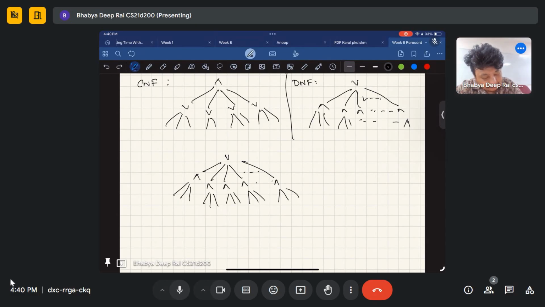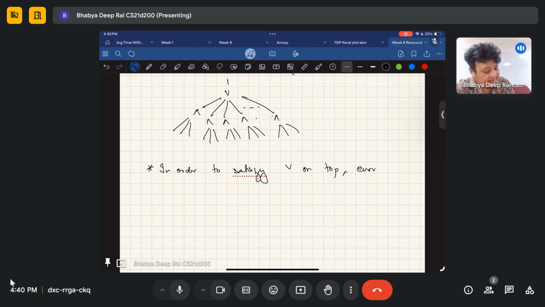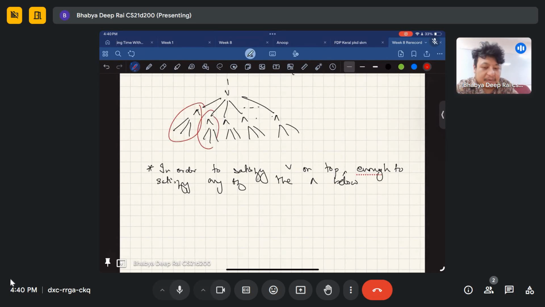In order to satisfy the OR on top, it is enough to satisfy any of the ANDs below. I can either satisfy this or satisfy this because of the property of OR.